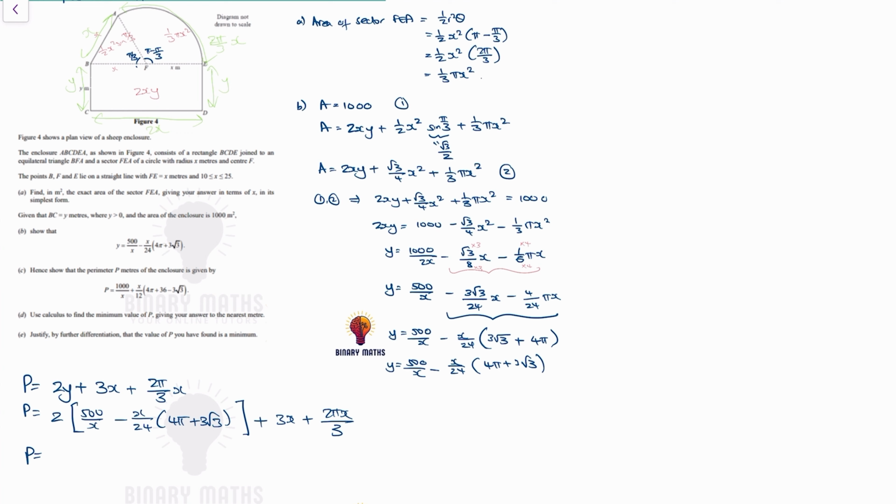If I multiply out the 2, I get 1000 over x, which looks good because it's the first term, 1000 over x minus x over 12, 4 pi plus 3 root 3, plus 3x plus 2 pi x over 3. I need to write here.